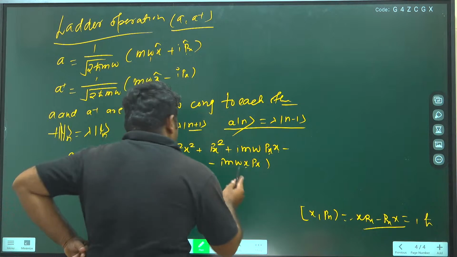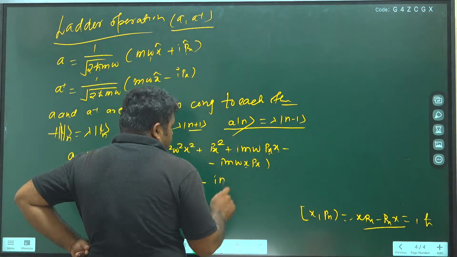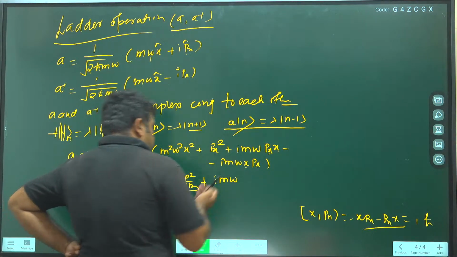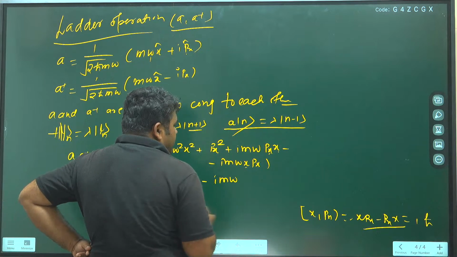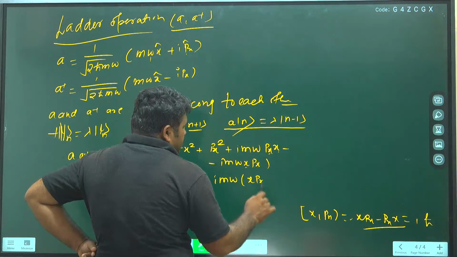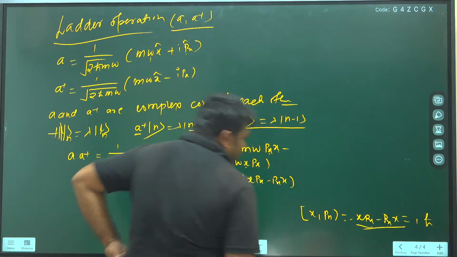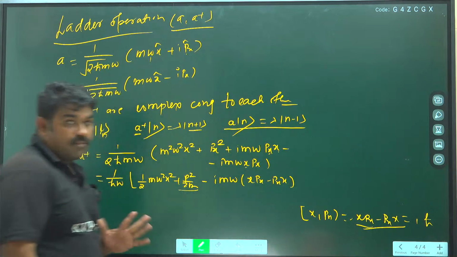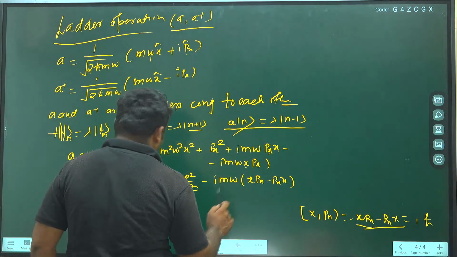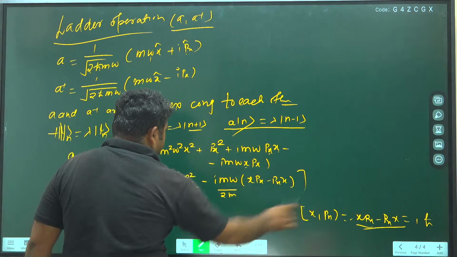So this can be written as simply we can take i m omega common out, minus i m omega take common out. माइनस कॉमन ले लिया तो बेहतर रहेगा, तो माइनस कॉमन ले लिया तो इनसाइड द ब्रैकेट हाउ मच, x px minus px x, okay, and we know that x px minus px x is nothing but iħ, okay. Now divided by how much, divided by 2m, clear.